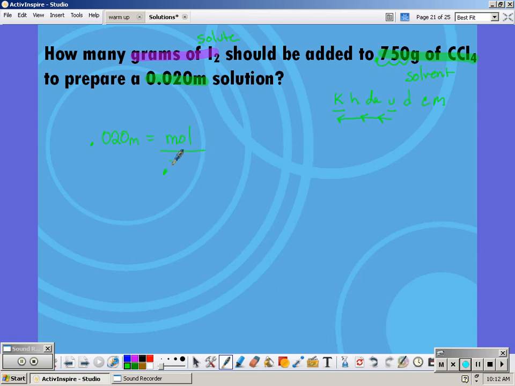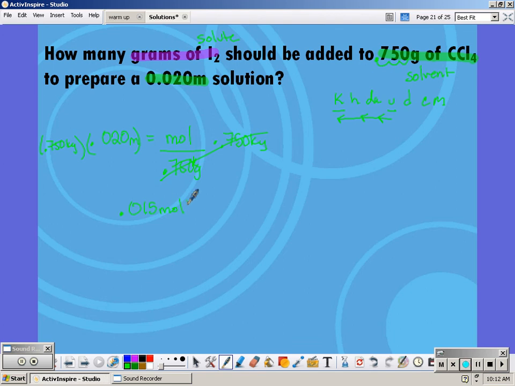In order to find the grams of my solute, I have to solve for moles of my solute and then convert back to grams. So we'll multiply both sides by 0.750 kilograms, and we have 0.015 moles.